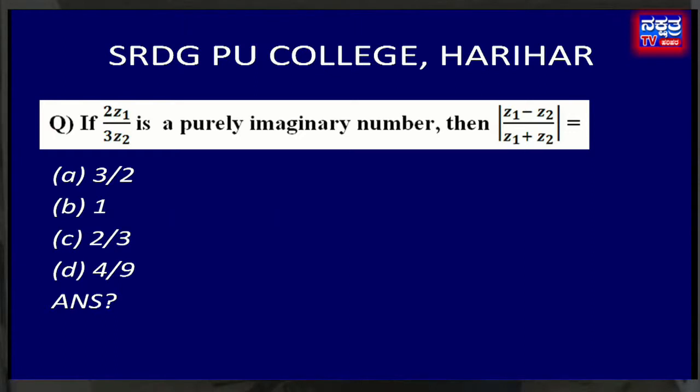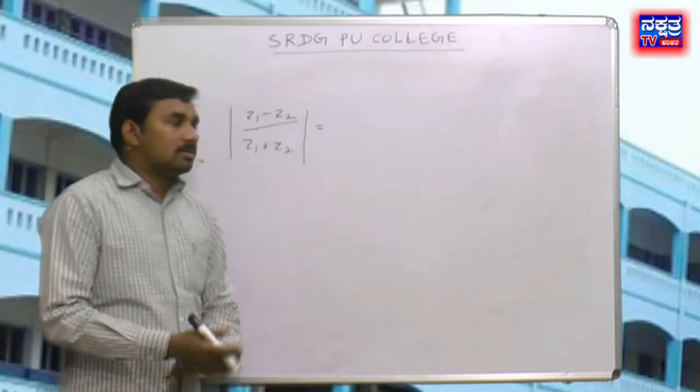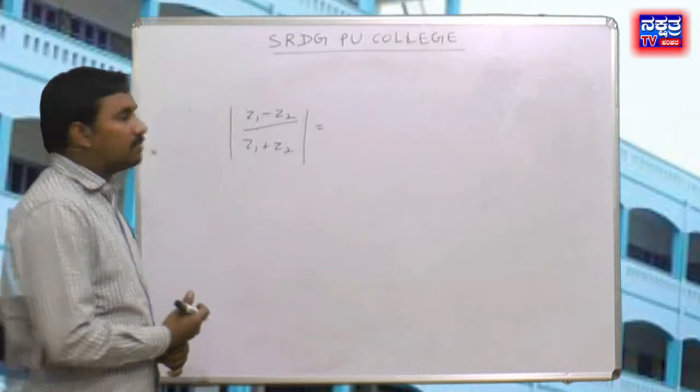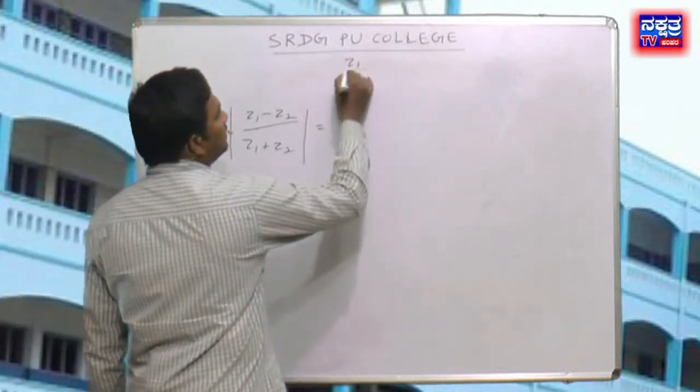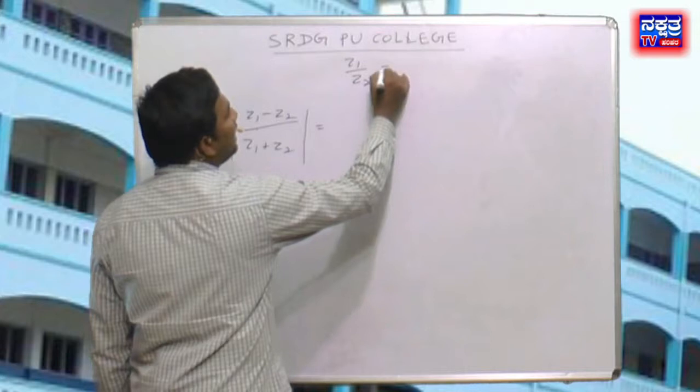If 2z1 by 3z2 is purely imaginary number, then find mod of z1 minus z2 by z1 plus z2. So watch the board. Students, we are given that z1 by z2 is purely imaginary.